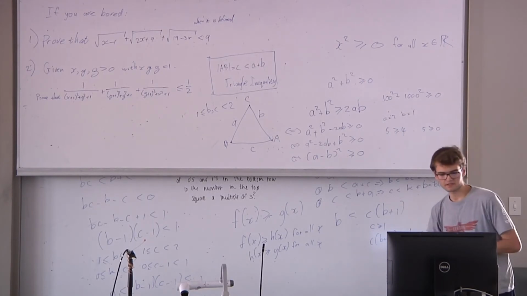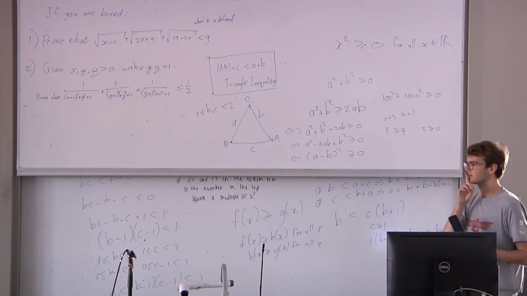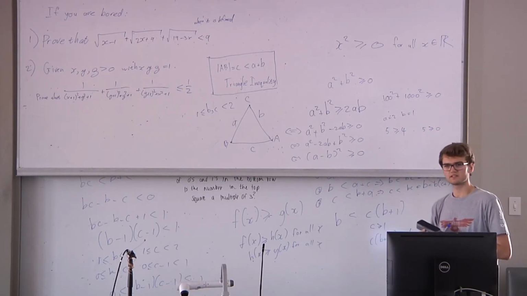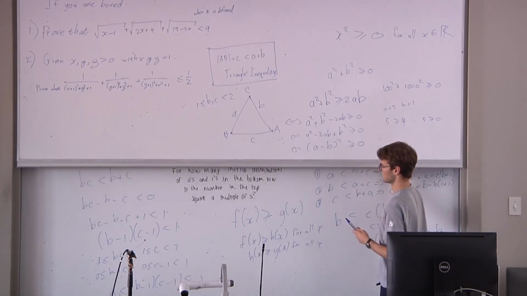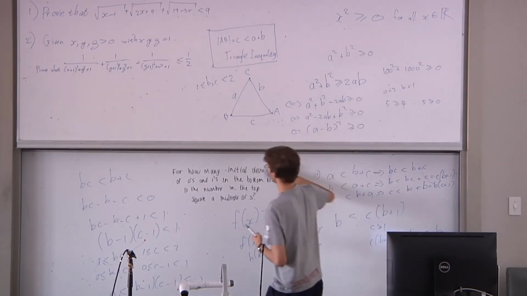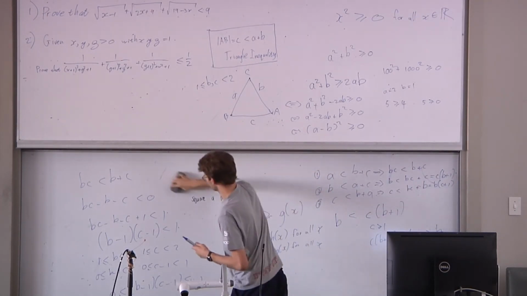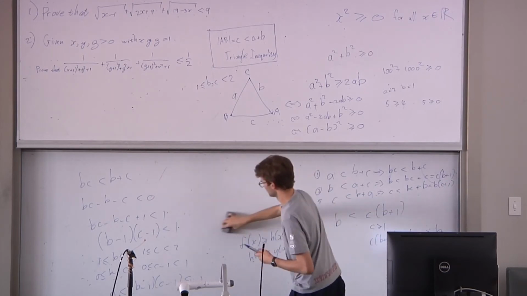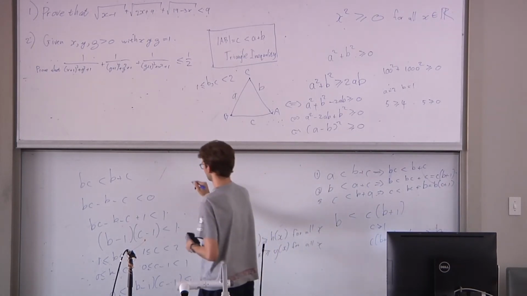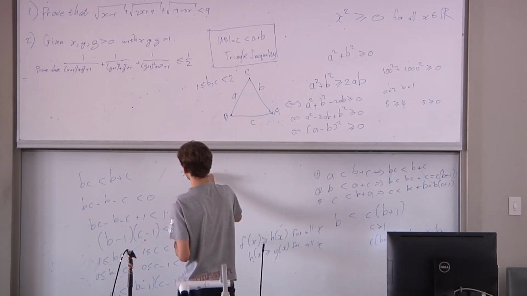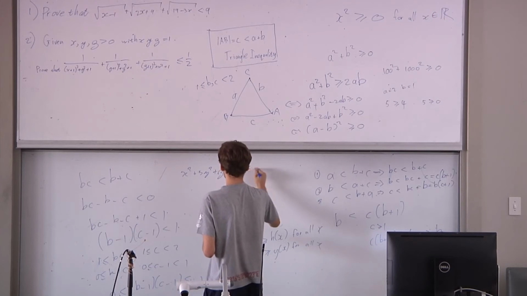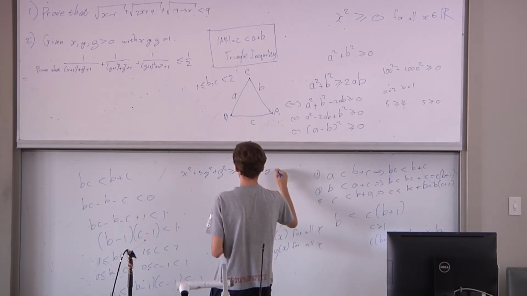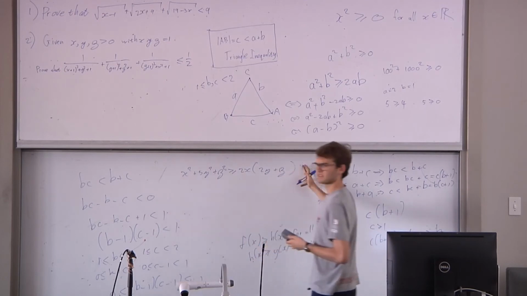So before that, does anyone have yesterday's question paper with them? Oh, that question. Yeah. x squared plus 5y squared plus z squared is greater than or equal to something like that.